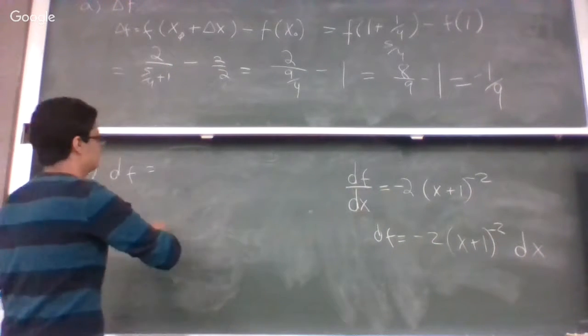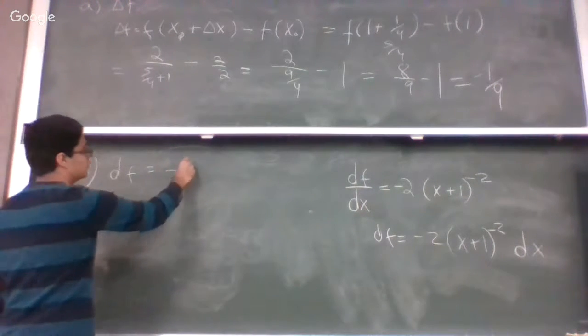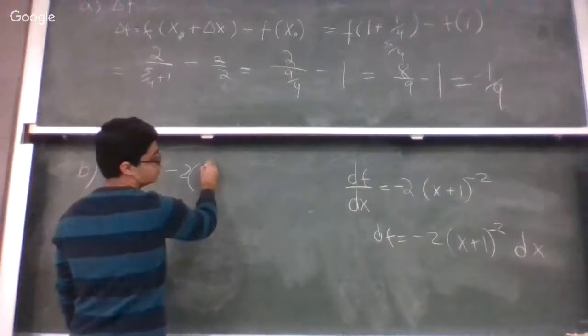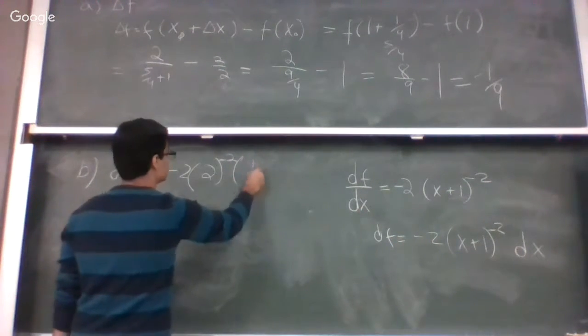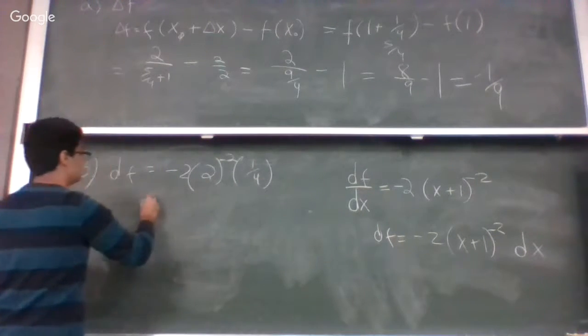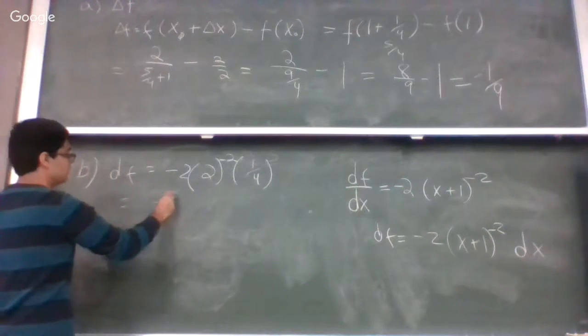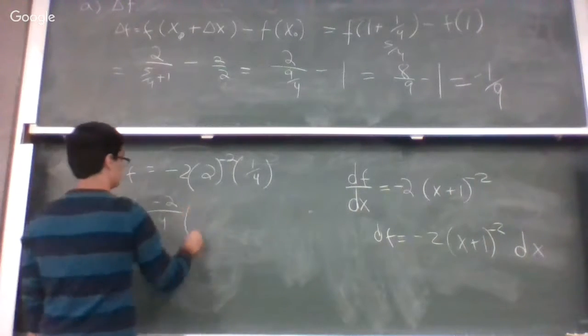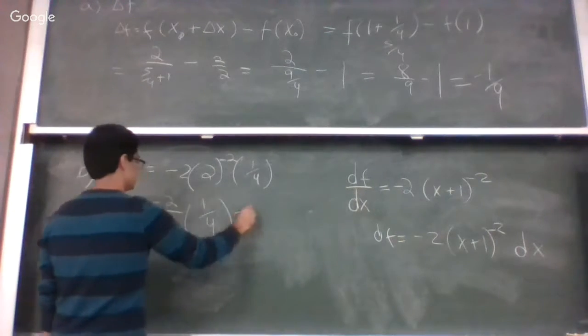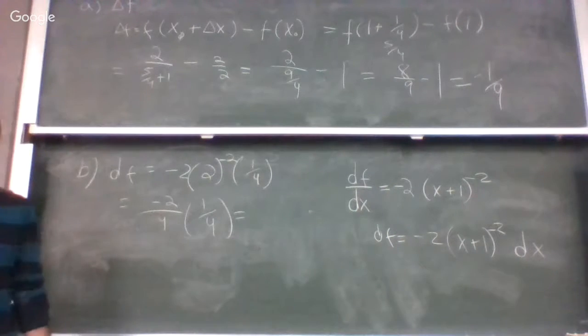Oh, dx is 1/4. Yes. So it's negative 2 times 2 to the negative 2 power times 1/4. That's negative 2 over 4 times 1/4. What does that equal out to?